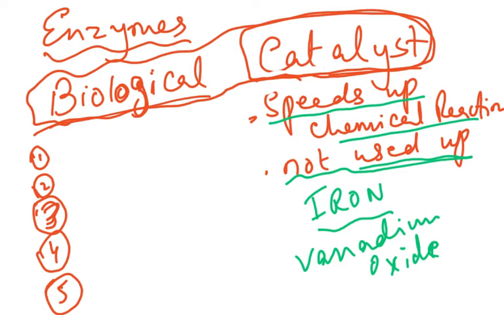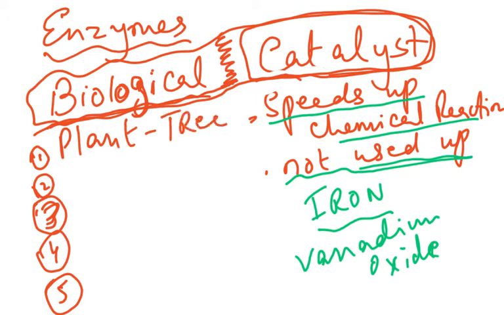Because when we say biological catalyst, it means that they are found in all living organisms. Now, what living organisms come to your mind? Fine, there's a plant. You look out of the window, there's a tree. Then you look on the wall, there's a lizard. Then you look in a pond and there are frogs. So animals.